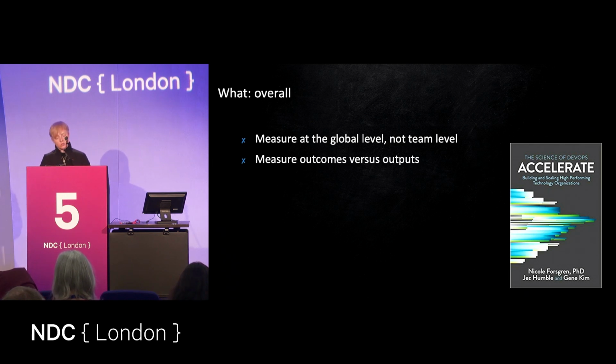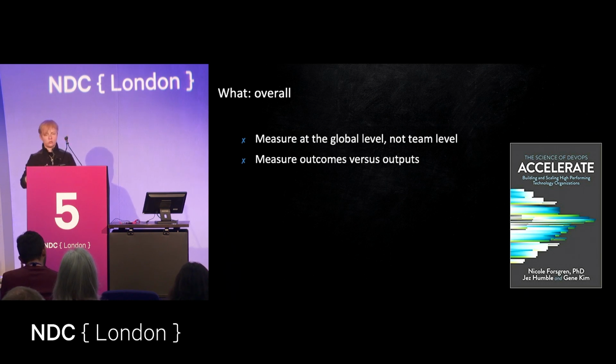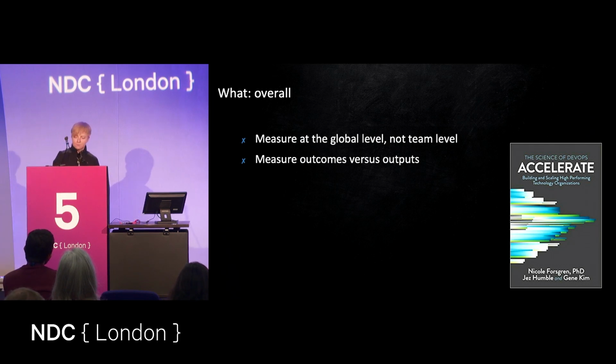Another suggestion is measure outcomes versus outputs. So it doesn't matter how many hours you spend on security, if at the end of the day no efficient tools are in place and people are not educated, those hours don't count. And focus on capabilities, not maturity. That's what we looked at with the maturity model.